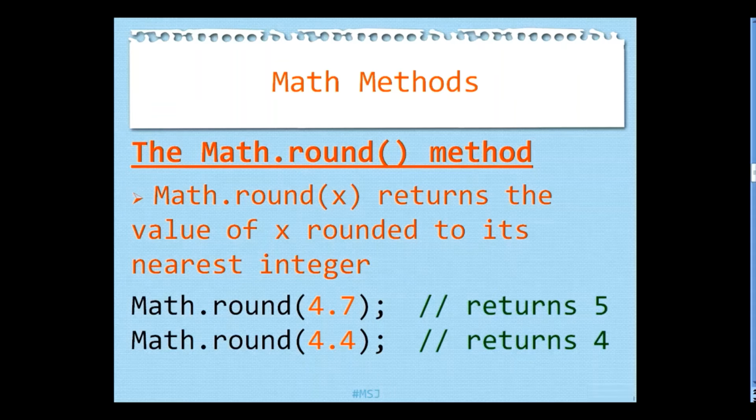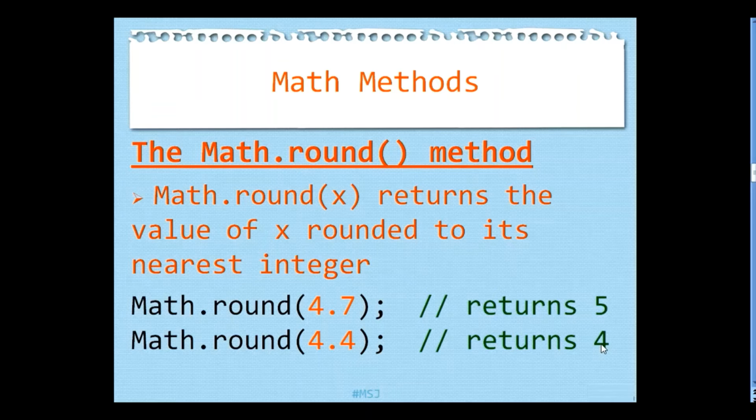The next method is the round method. Math.round of x. We need to pass one argument x and it returns the value of x rounded to its nearest integer. So the nearest integer of 4.7 is 5 and the nearest integer of 4.4 is just 4.